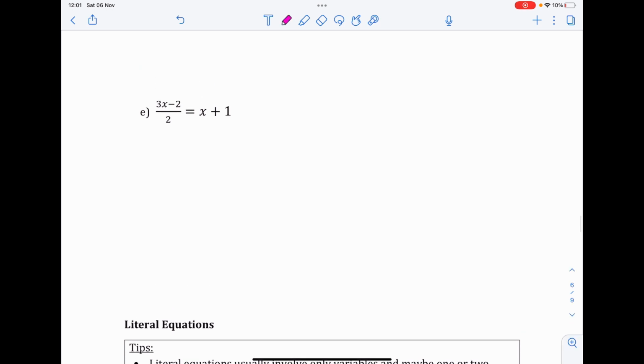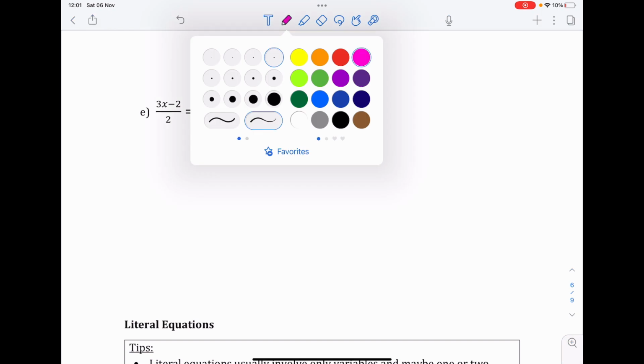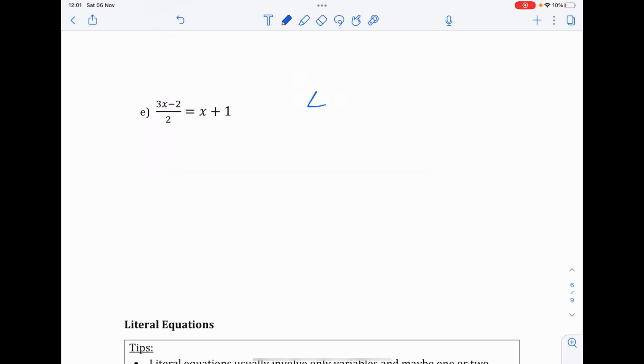Okay, the last one, we can multiply each term by 2 because that's the LCD. So times 2, times 2, times 2, and the 2's will cancel there. So we're left with 3x minus 2 equals 2x plus 2.